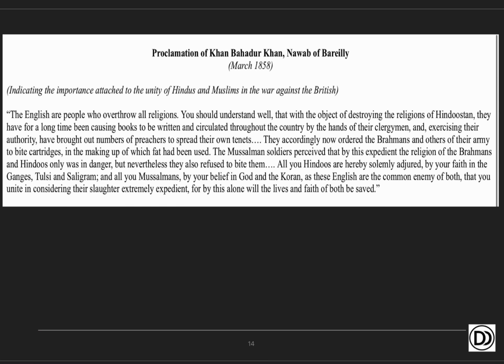Even when we see the proclamation of Khan Bahadur, Nawab of Bareilly, he considers English as a threat to all the religions. He says the English are people who overthrow all religions. He asks people to understand that with the object of destroying the religions of Hindustan, East India Company have for a long time been causing books to be written and circulated through the country by the hands of clergymen and exercising their authority, which means they are trying to change the text.